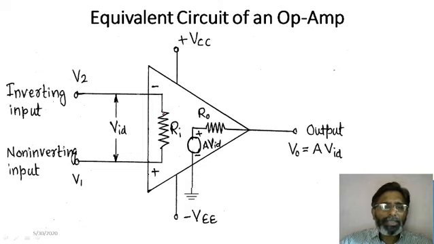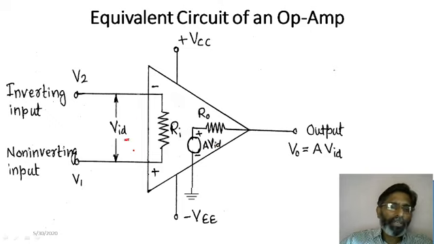In this case you can see the input side is represented by the input resistance Ri between the two input terminals, inverting and non-inverting, and on the output side we have one voltage source. This is basically the Thevenin's equivalent voltage source, with a resistance in series with it. This resistance we call the output resistance, and the magnitude of this voltage source is A into VID, where VID is the differential input voltage, which is equal to V1 minus V2.